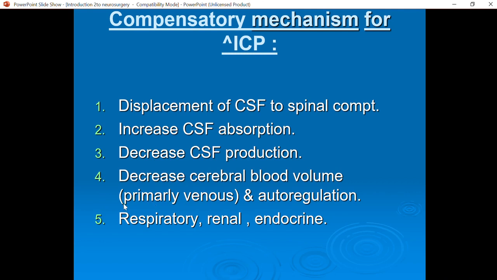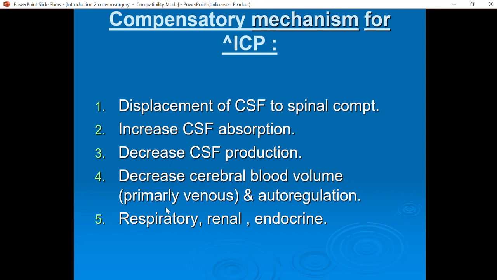The lung has a role, the kidney has a role, and the endocrine system has a role. How? With the respiratory, when there is a rise in the ICP, there is hyperventilation, and that is to wash out the CO2 from the blood. You know, the CO2 is acidic.